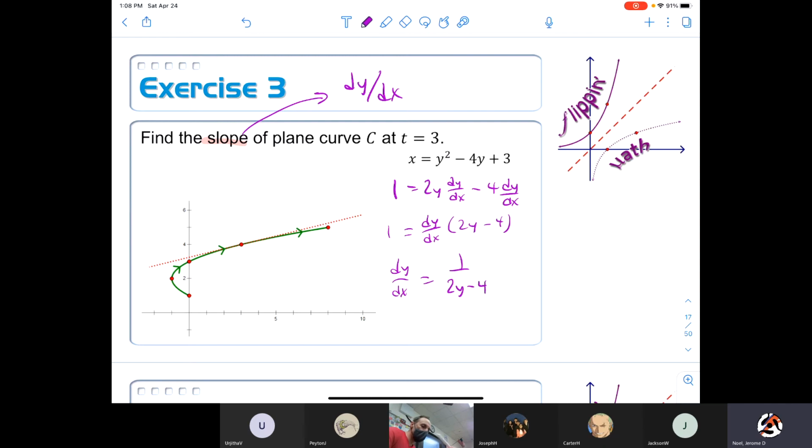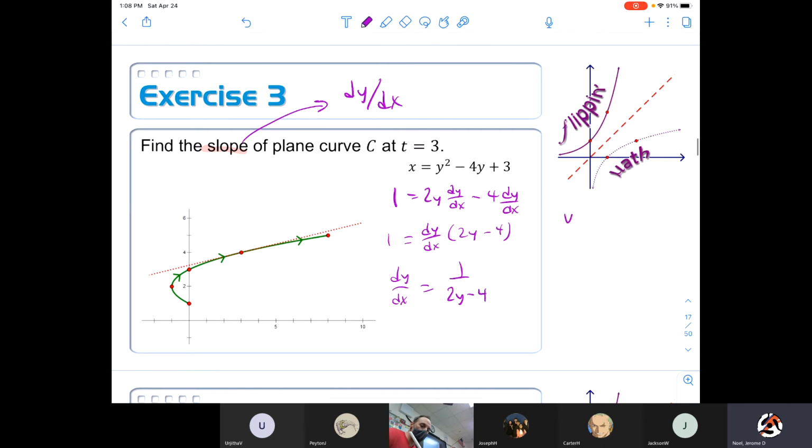What was the y equation? t plus 1. So this is going to be a 4, right? So dy/dx such that t is equal to 3 is equal to 1 over 2 times 3 minus 4, 6 minus 4.